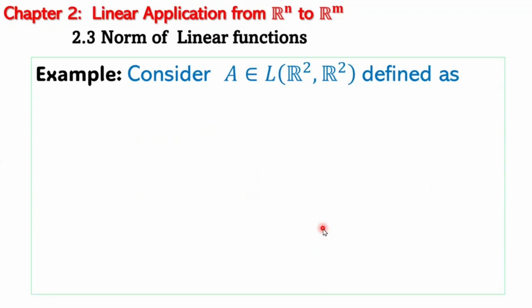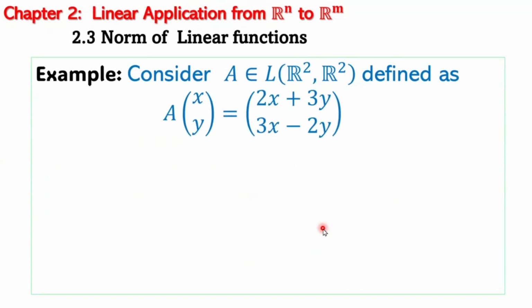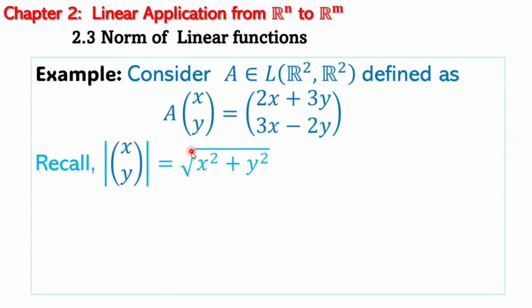Okay, let's find the norm of another function, A(x,y) = (2x + 3y, 3x - 2y). In this case, (x,y) is from R2. So the norm of (x,y) is the square root of x squared plus y squared, which should be equal to 1 as per the definition of the norm.